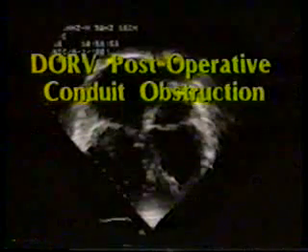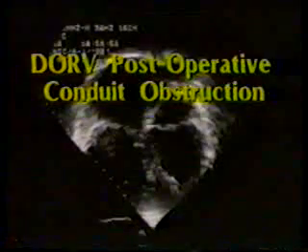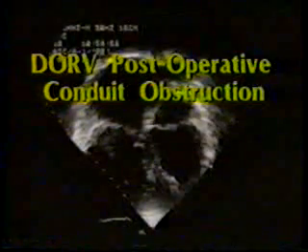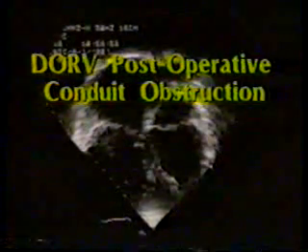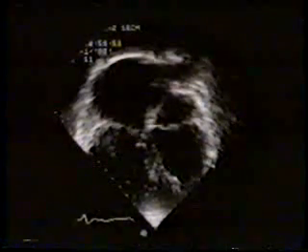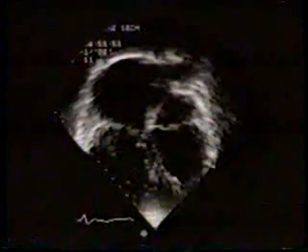This is an apical four-chamber view of a 27-year-old patient who had complete repair of double outlet right ventricle with insertion of a valved conduit from right ventricle to pulmonary artery. The parasternal images were suboptimal and the conduit could not be visualized.